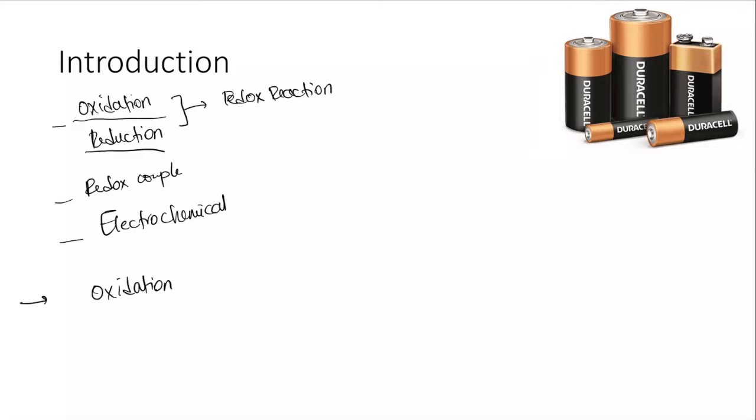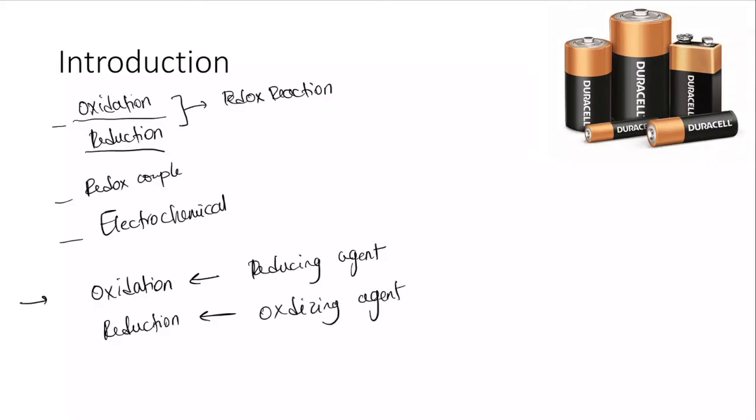The one that undergoes oxidation is the reducing agent, and the one that undergoes reduction is the oxidizing agent. You can go back to previous videos to know why we call the one that undergoes oxidation the reducing agent, and why we call the element that undergoes reduction the oxidizing agent.